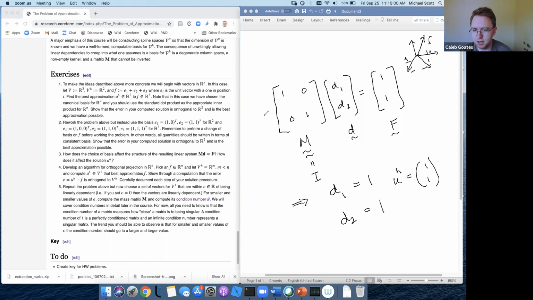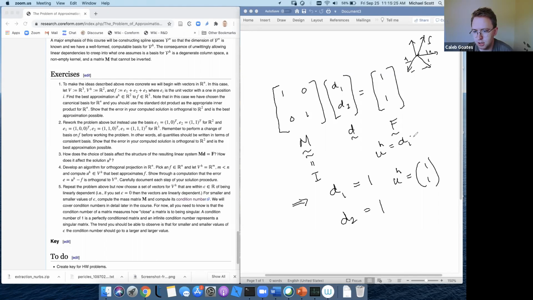It's interesting here that the D vector, in this case, actually corresponds to the spatial coordinates. So U_H is the same as D, but it's important to note that that's not in general the case. That's because of our basis. In general, U_H would be D1 times E1 plus D2 times E2.